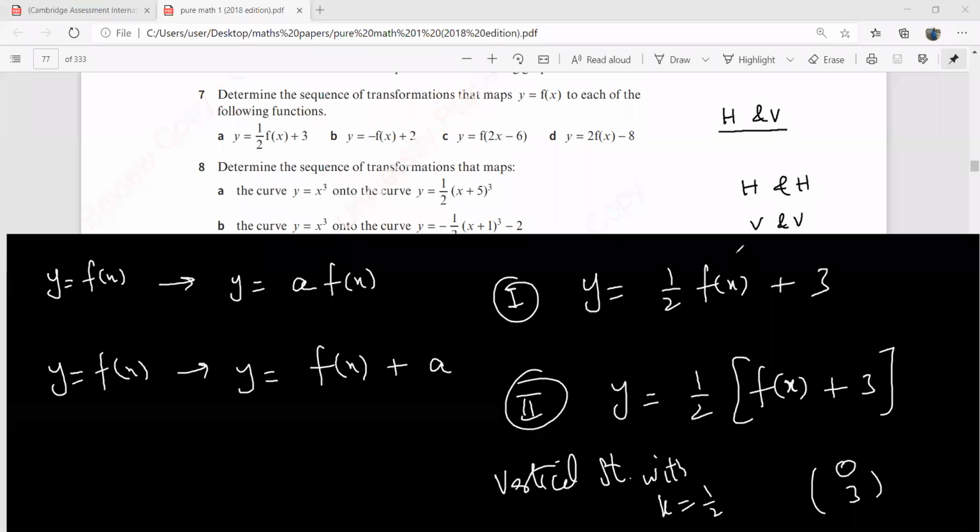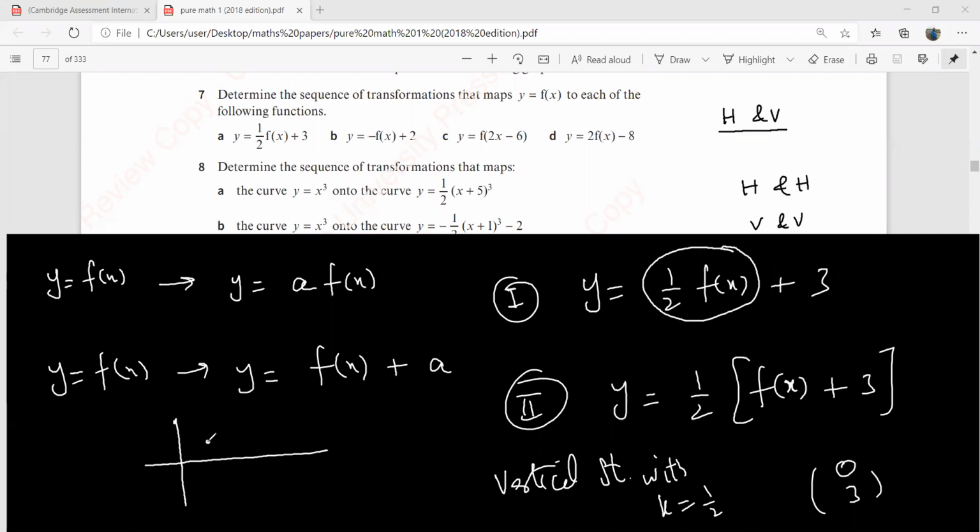The thing is that you have to change your y coordinate and then you will translate it. Okay? Suppose you have a point over here, let's say this is 2, 1. Let me stretch this with a scale factor 2.